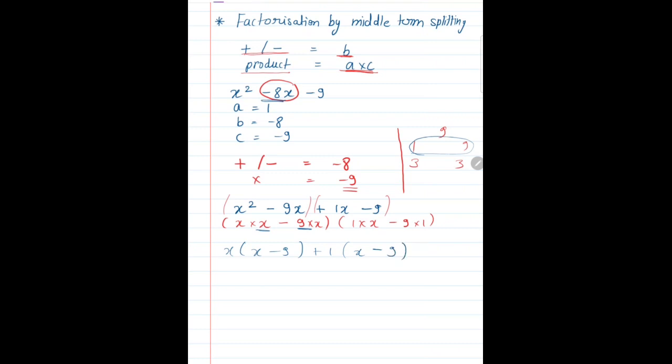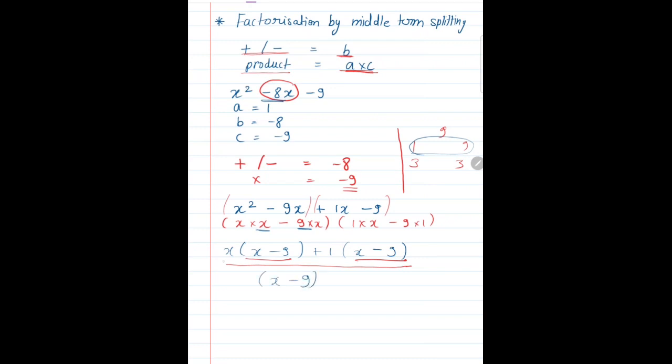To check whether you are going correct or not, if these two brackets are the same, then your factorization is correct. Now again, in this whole expression, x minus 9 is common in both the terms. So we are going to take it out. We are going to take it common.